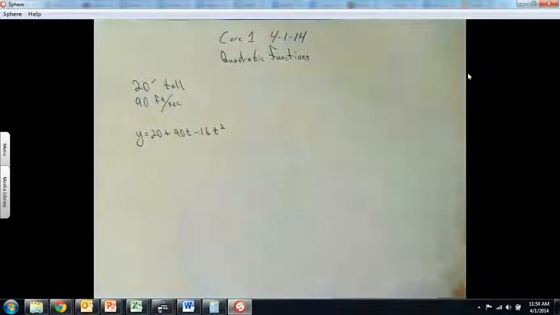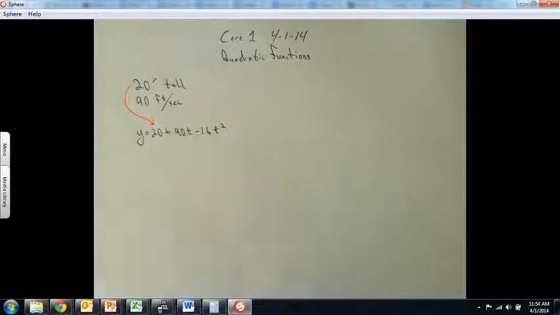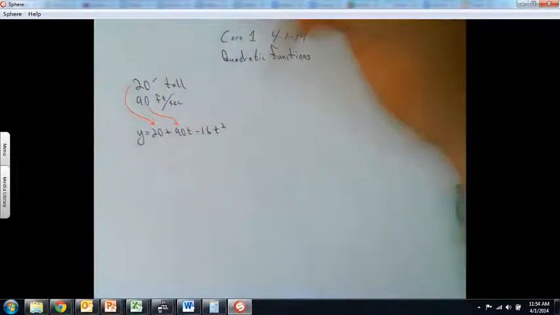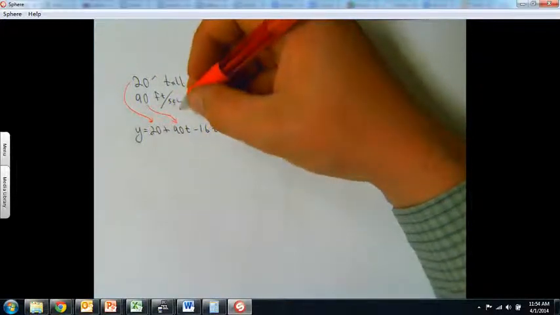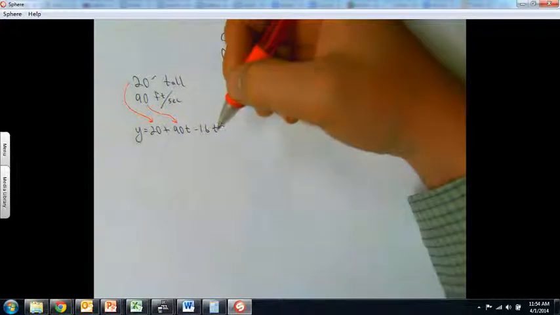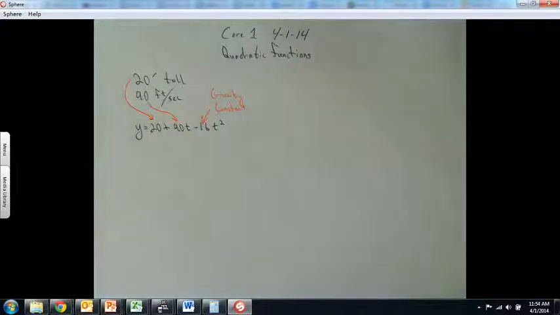Now, as you can see, the 20 comes from the 20 feet tall. The 90 comes from the velocity. It has a time attached to it because you go 90 feet every second, therefore it needs to be multiplied. Now, the 16 is our gravity constant. No matter what, we're going to use that 16 if we're dealing with feet and an object falling because of gravity.